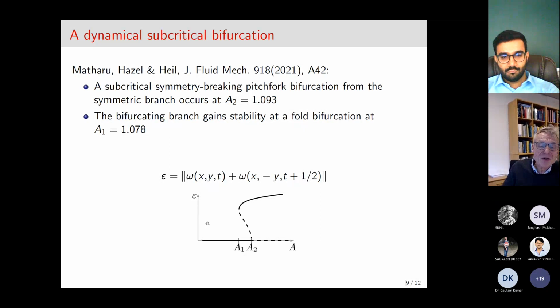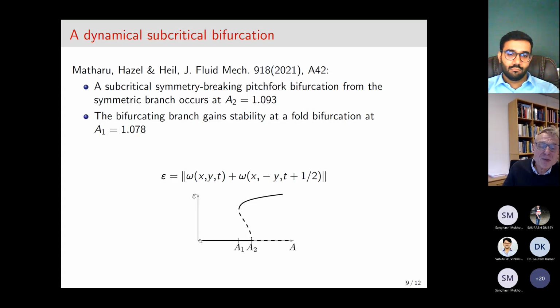So there's a branch of symmetric solutions, the one I've showed you before. I'll measure the deviation from symmetry by the norm of this quantity here. So if the symmetry is fulfilled, then this is identically 0. This norm, if there is a lack of symmetry, is different from 0.